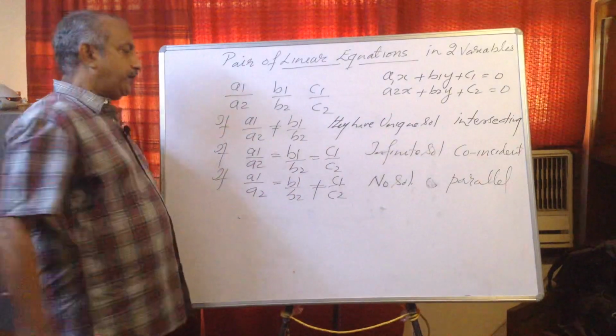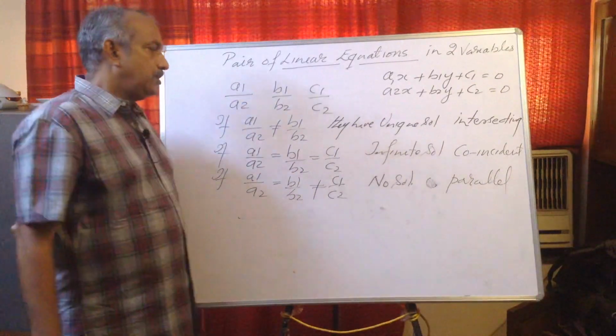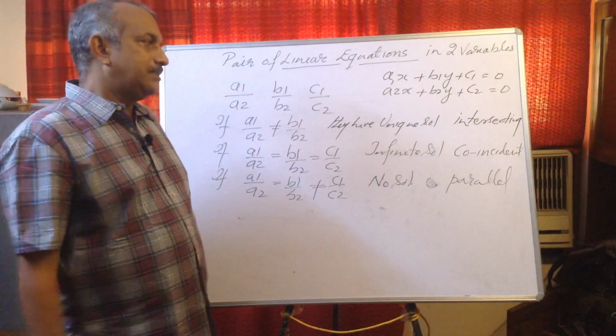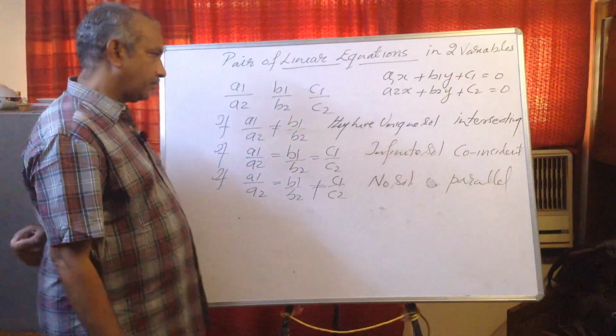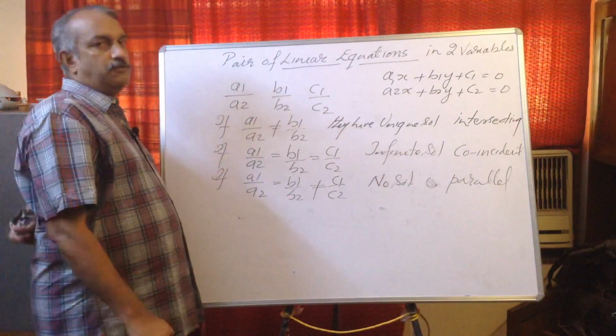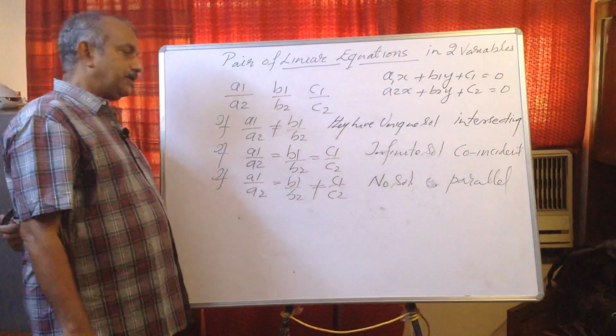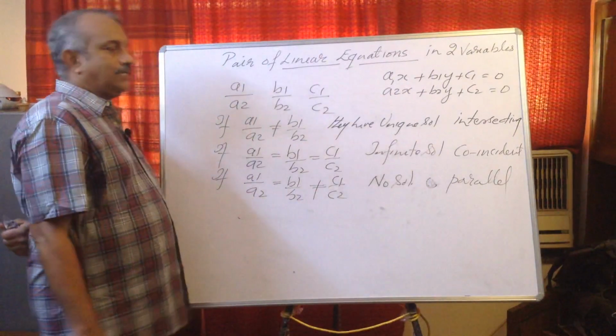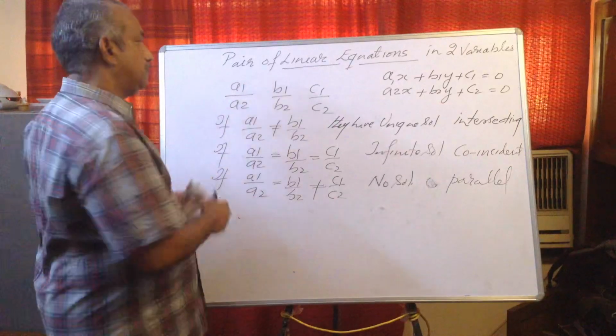If a1 upon a2 equals b1 upon b2 equals c1 upon c2, then infinite solutions and coincident. Third case, if a1 upon a2 is equal to b1 upon b2 not equal to c1 upon c2, then no solution and the graphs will be parallel to each other.